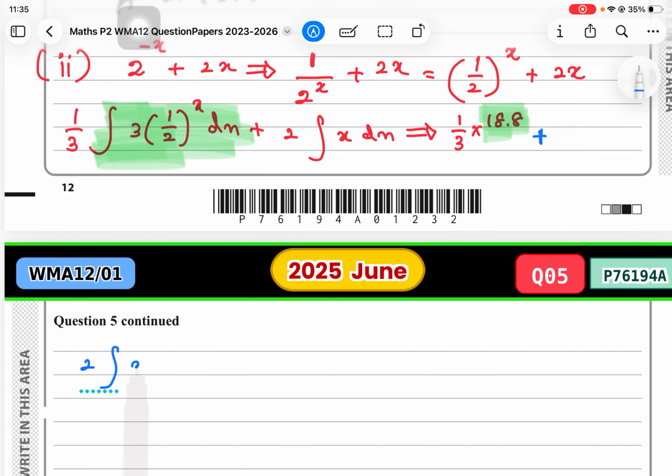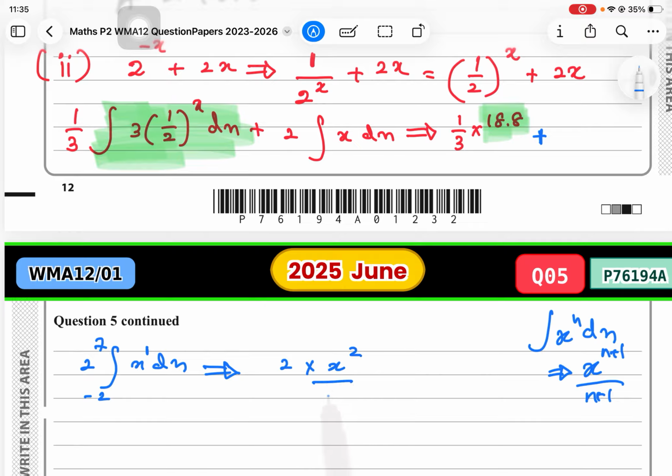The integral of 2x dx in the range of negative 2 to 7: we know when you integrate x to the power n dx, what we get is x to the power n plus 1 divided by n plus 1, so it's x squared divided by 2. The 2s cancel each other, so it's x squared only.